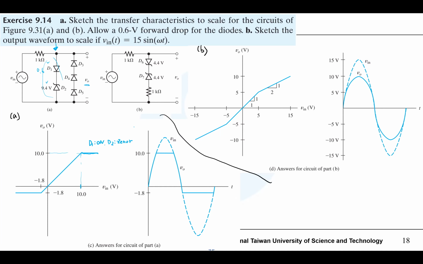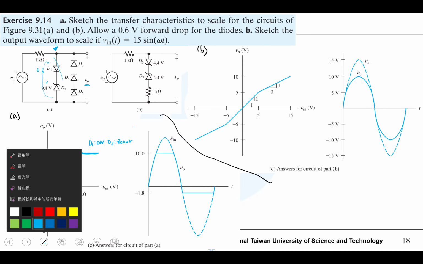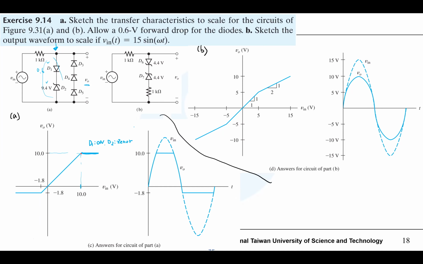If the input voltage drops, then in this branch Vin equals VO. I use a different color for this segment.